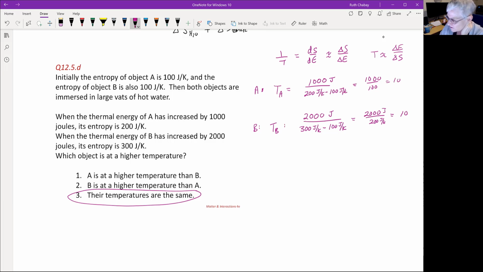So actually, their temperatures are exactly the same. I think the takeaway lesson here is that to get temperature, you need two values of things. You need 1 over temperature equals S2 minus S1 over E2 minus E1. It's a change.